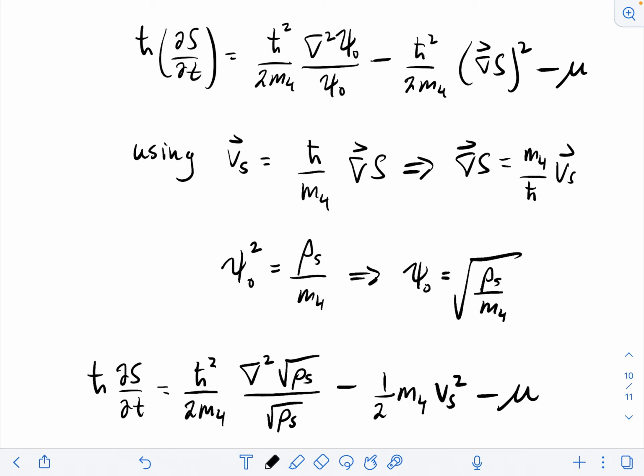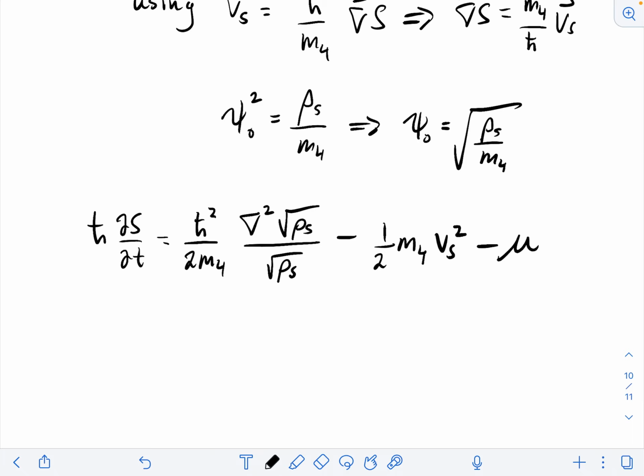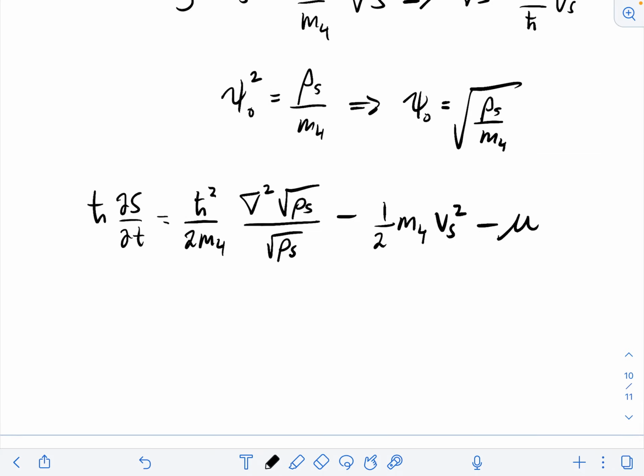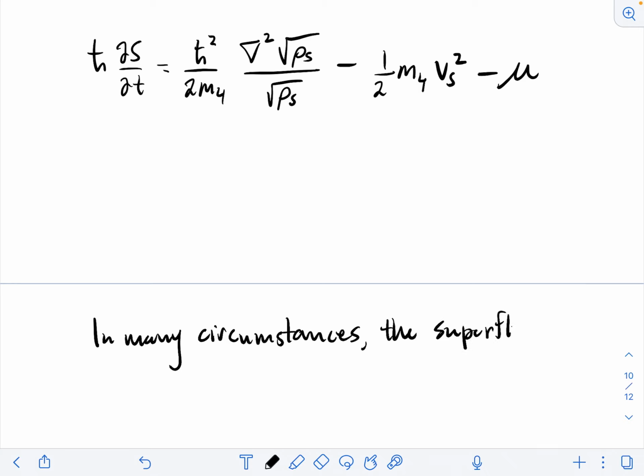Okay, good. So we're getting very close to where we want to be. The last thing I'll say is that in many circumstances the superfluid density, ρs, is uniform, such that this gradient of the square root of the superfluid density is small.